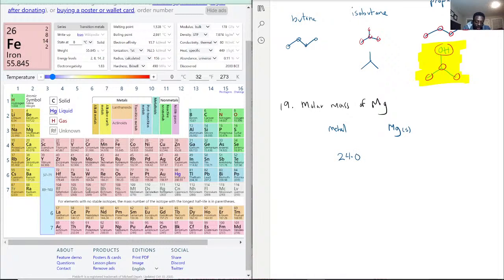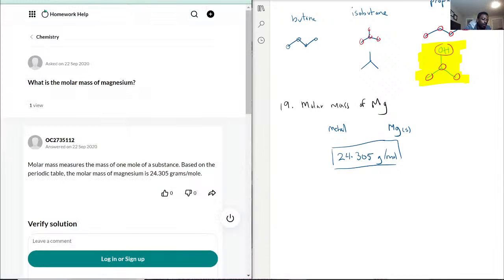When you look at that, it would be 24.305, and that would be your molar mass. Sorry about that, let me just make sure I'm doing this right. 24.05 grams per mole is your molar mass. Now let's see here to make sure we didn't miss anything.